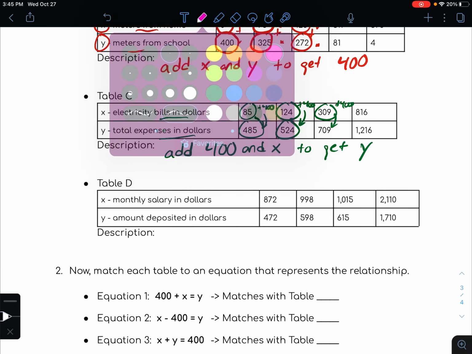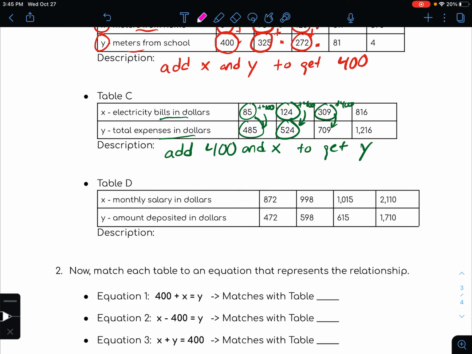All right, last one of this group. Monthly salary in dollars, amount deposited in dollars, and somehow it involves 400. So how are these related to each other with the number 400? Maybe you're noticing this one now.